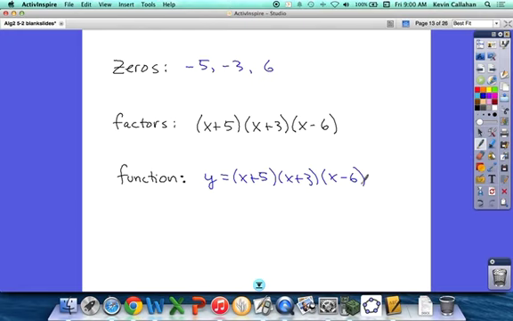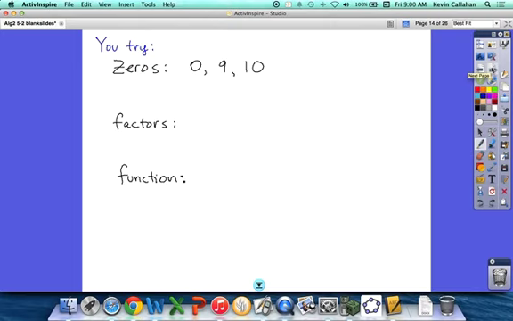Good. Okay, so go ahead, try to turn those 3 zeros into factors and into a function.